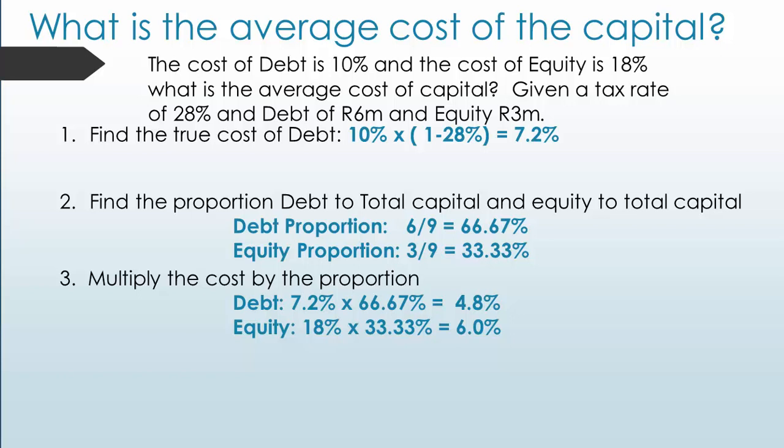Then you add those two up, the 4.8 and the 6, and we land up with a weighted average cost of capital in this case of 10.8%. And obviously that's your cost. You need to ensure that the company is getting a return of greater than 10.8%.